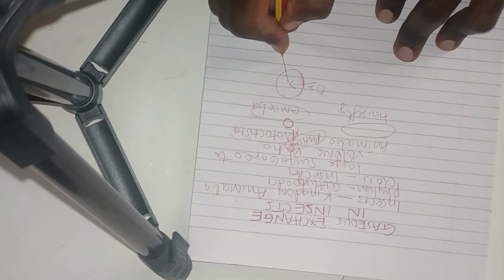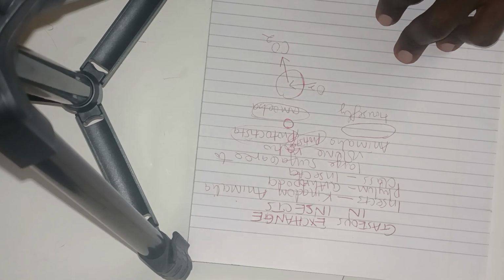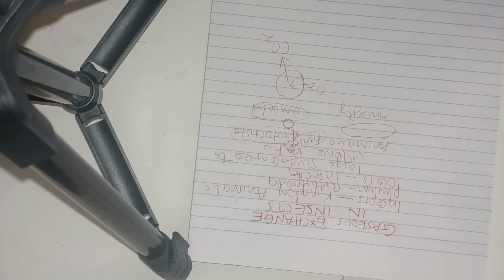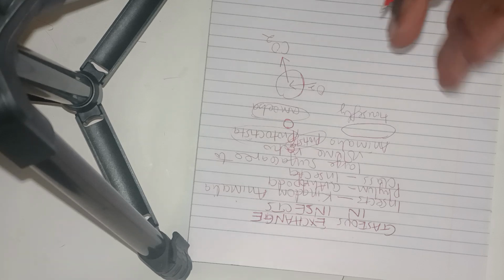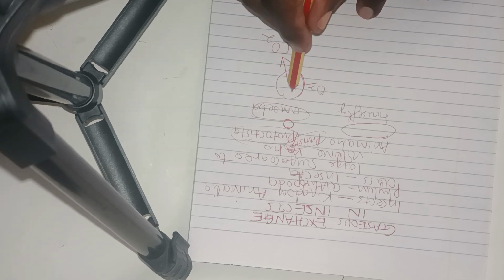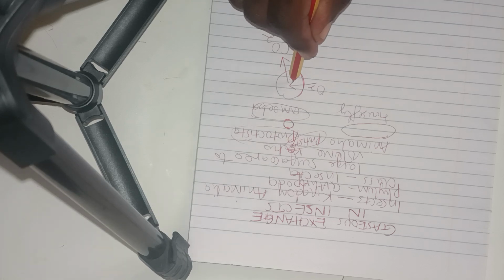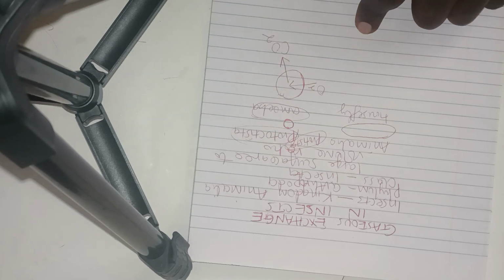Then carbon dioxide can diffuse out of the body of the amoeba across its semi-permeable membrane. So simple diffusion can work well for the amoeba as far as gaseous exchange is concerned. In that process, the organism exchanges gases across its membrane through simple diffusion. Simple diffusion works well if the organism has a large surface area to volume ratio.